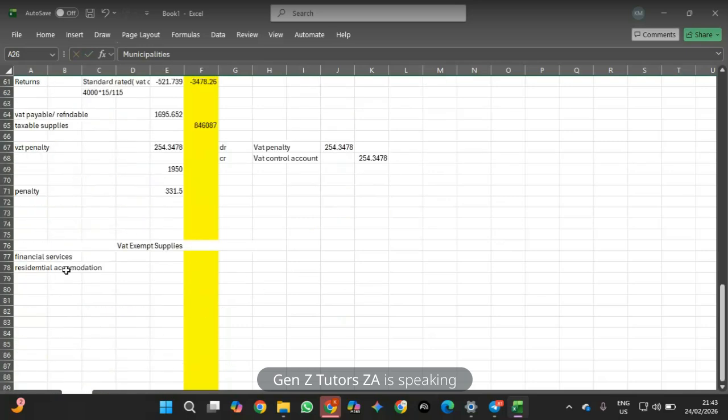Now, on that residential accommodation, you have a house there at home, and then you're renting it out to somebody else. On your rates and taxes, the municipality has charged 0%, right? So you, as the person, have paid nothing there.